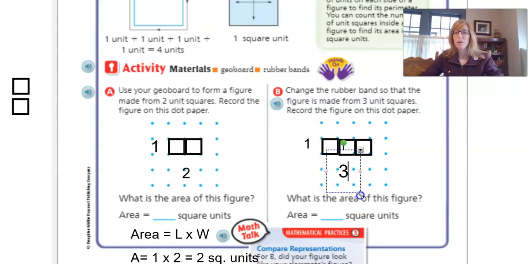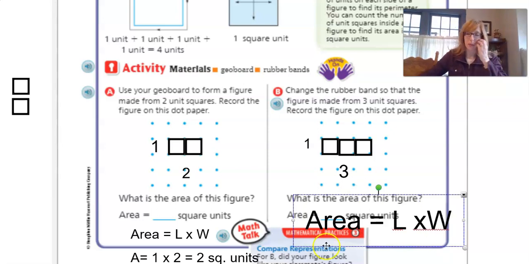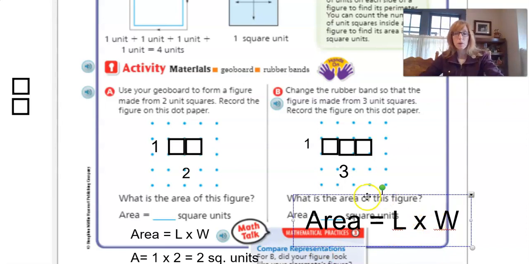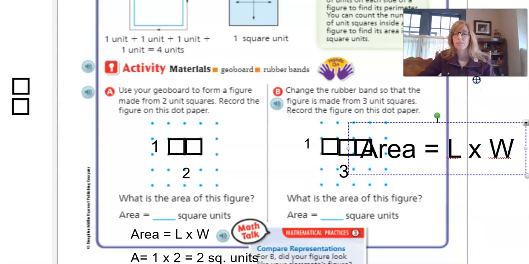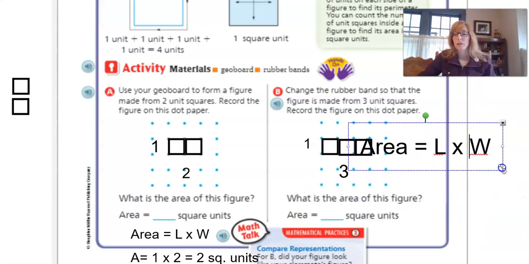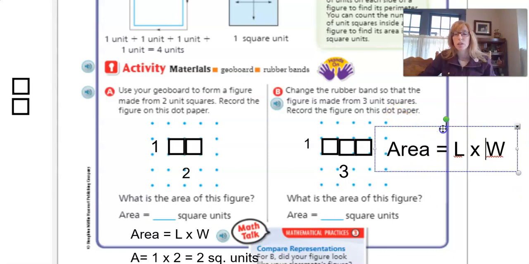So remember, area equals length times width. That is so important. If we have area equals length times width, then we know that we are going to use multiplication.